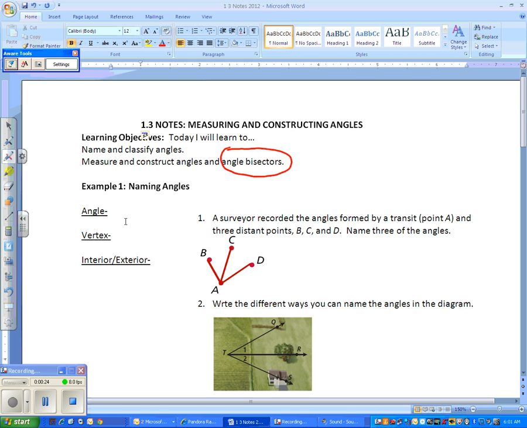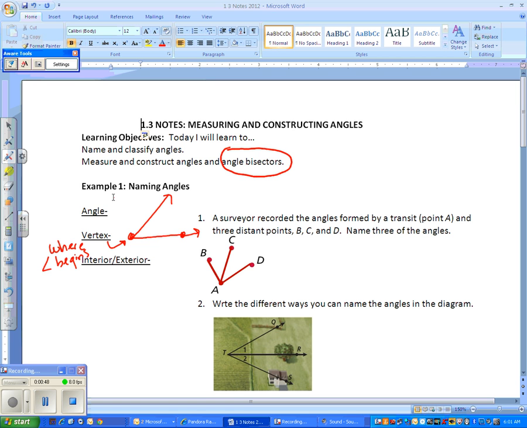Okay, so for some vocabulary, an angle is formed by two rays that have a common vertex. So let's say here's one ray and here's another ray. This is the vertex, that's where they meet. So you could say it's where the angle begins, I guess.